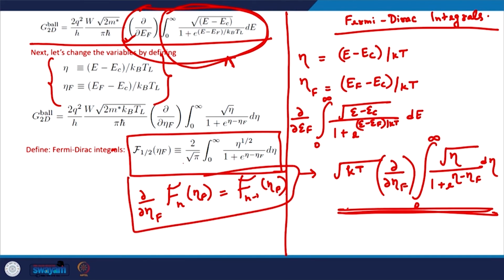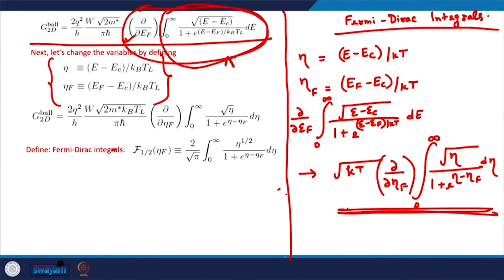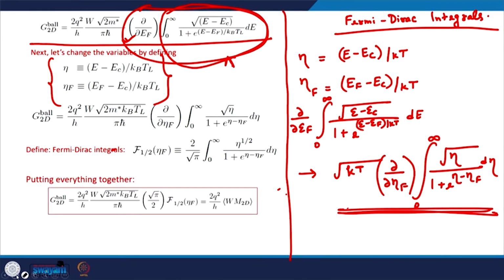So, in the case of calculation of conductance for a 2D ballistic conductor at room temperature, we have a Fermi-Dirac integral of order half, and we are taking a derivative with respect to eta f. So finally, it will be a Fermi-Dirac integral of order minus half. We are not going into the detail of the maths of the Fermi-Dirac integral, but this is how finally everything will look, and this should be order minus half actually.